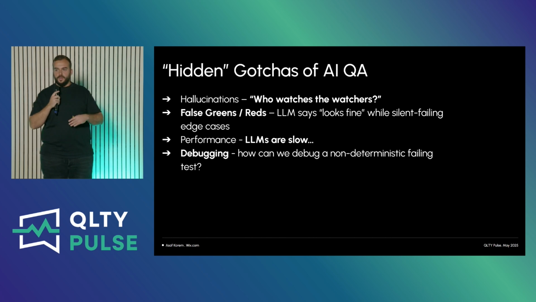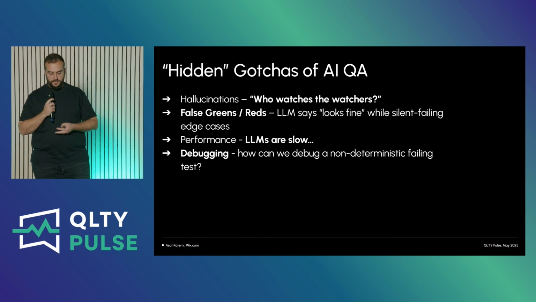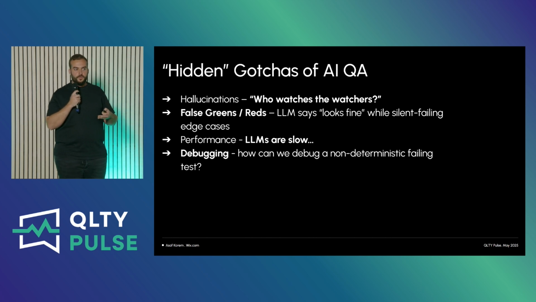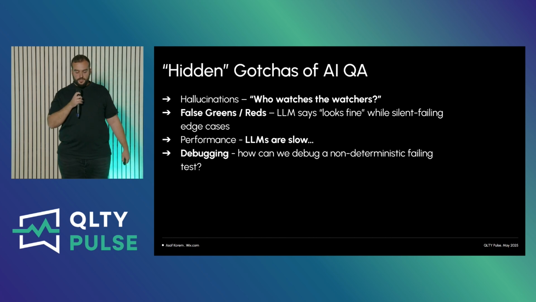False greens and reds: if you are using AI to validate something on your website, you have to validate it yourself, to review it, so it doesn't remove the human from the loop, and it even makes it more confusing because now AI provides the output and it might be misleading.